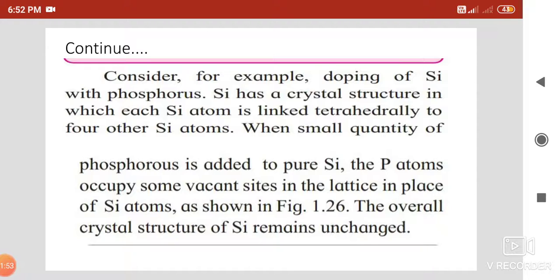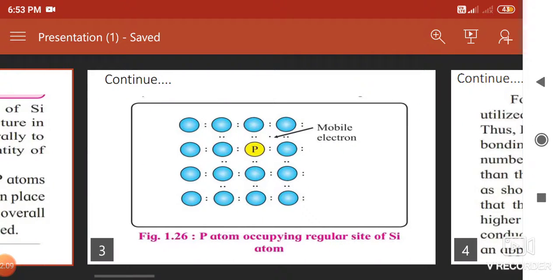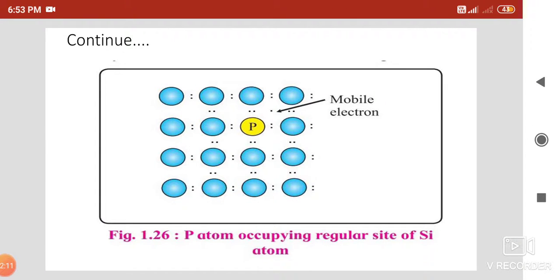When a small quantity of phosphorus is added to pure silicon, the phosphorus atoms occupy some vacant sites in the lattice of silicon, and you can see in the structure of this crystal lattice that one position of silicon is occupied by phosphorus. So the phosphorus atom occupies the regular site of the silicon atom in the figure.